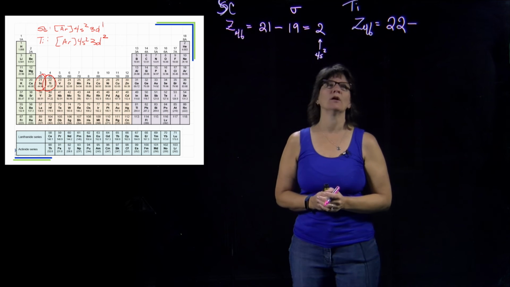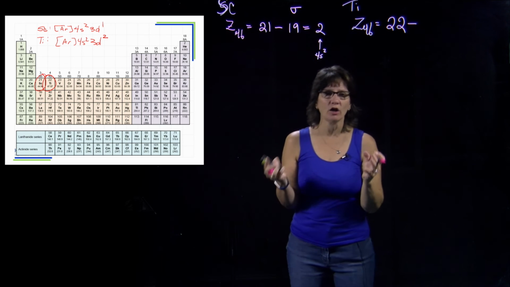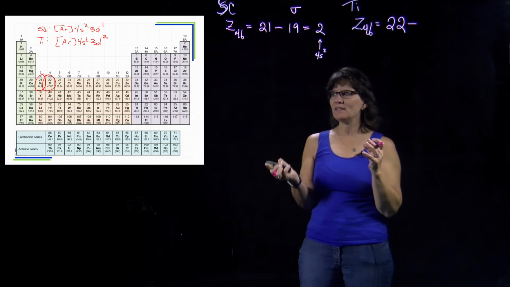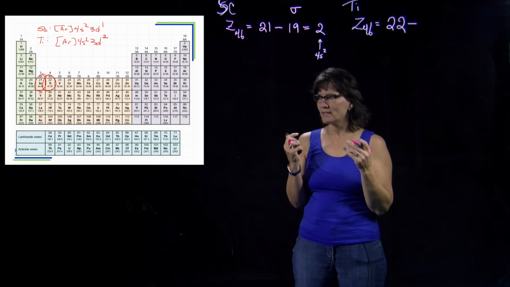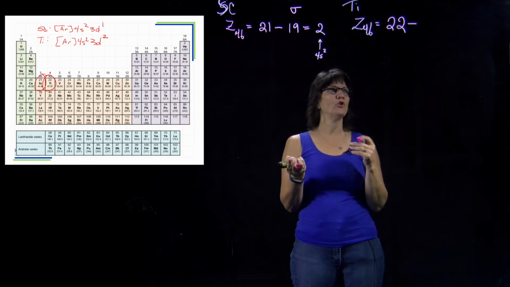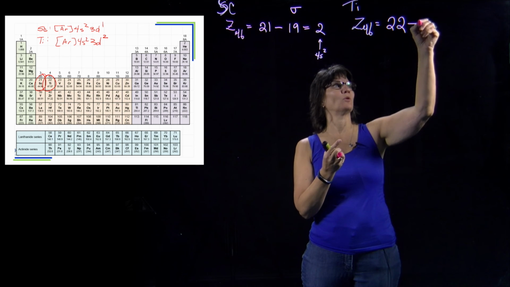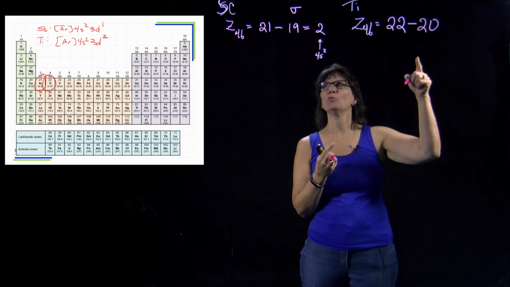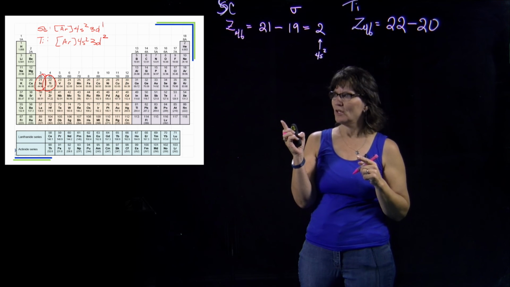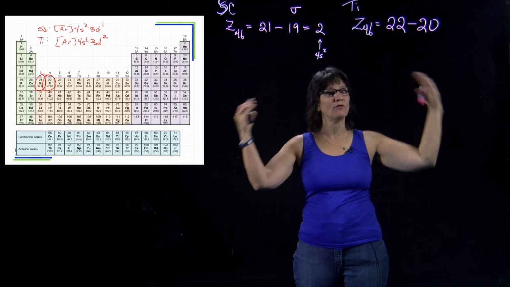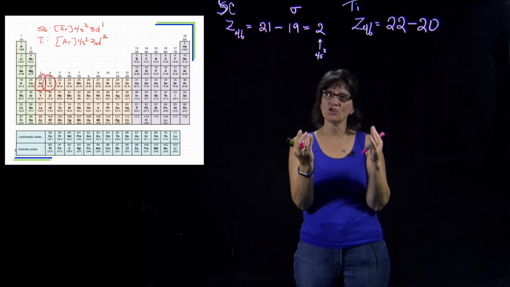Now who's shielding? We've got the inner shell of the argon, plus the electrons in the D subshell. So argon is 18 plus the 2 more. That's 18, 19, 20. So we're going to subtract 20. What are the 2 more? The 2 more are those Ds. We know that those Ds are also between the 4s and the nucleus, so they're shielding.